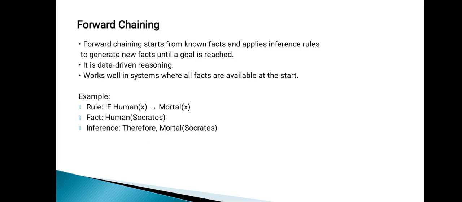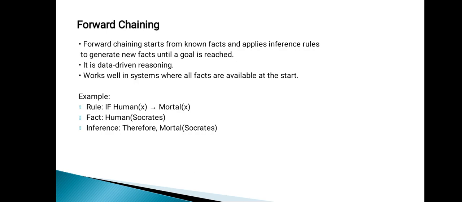Forward chaining starts with the known facts available in the knowledge base. The inference engine checks all the rules and applies the rules whose conditions are satisfied. As new facts are generated, they are added to the knowledge base.